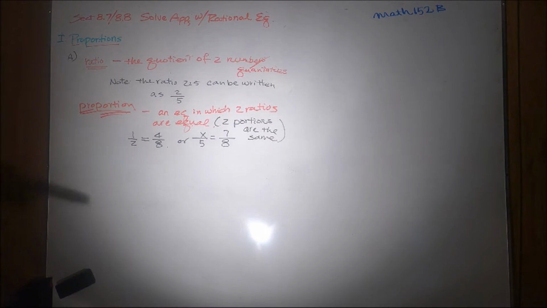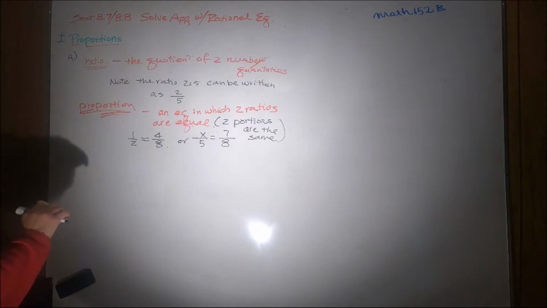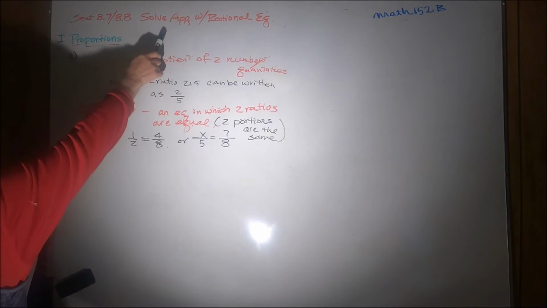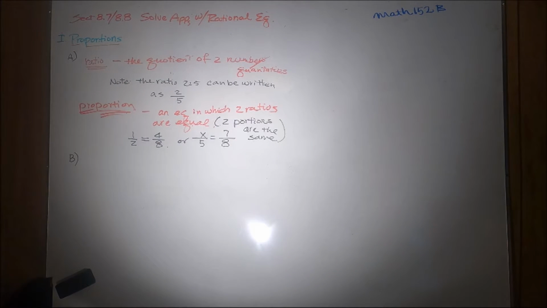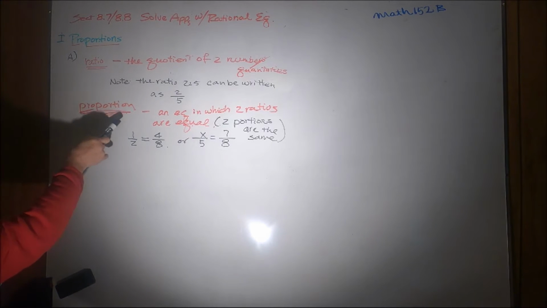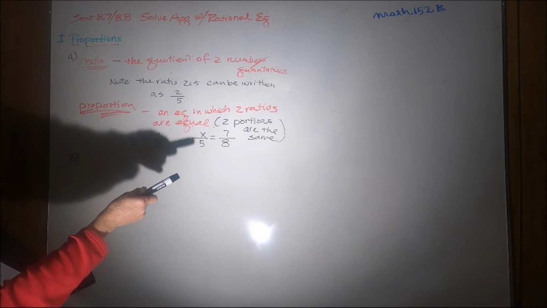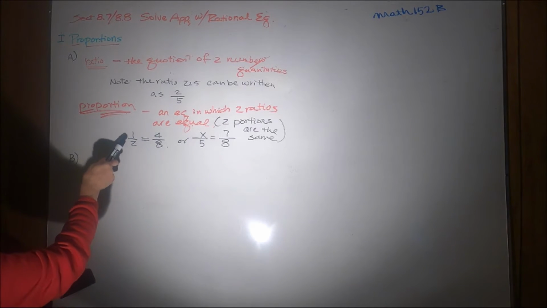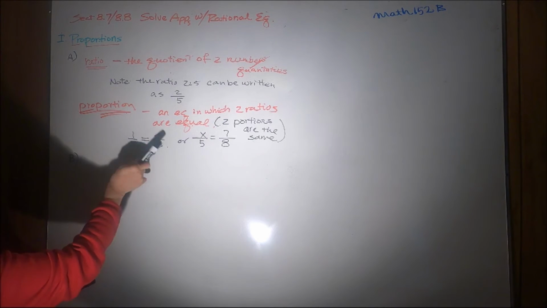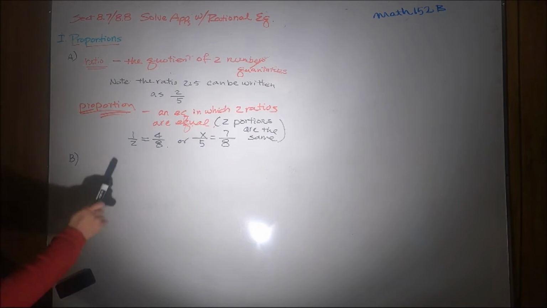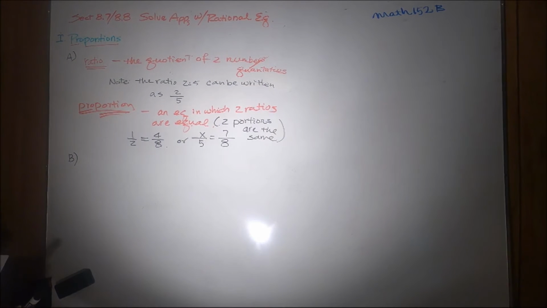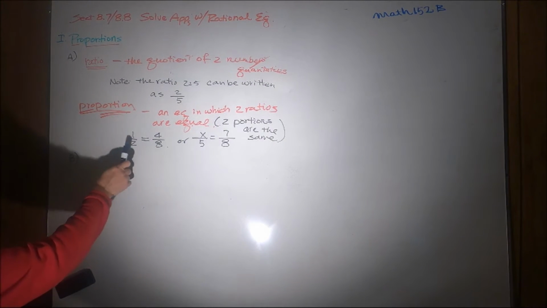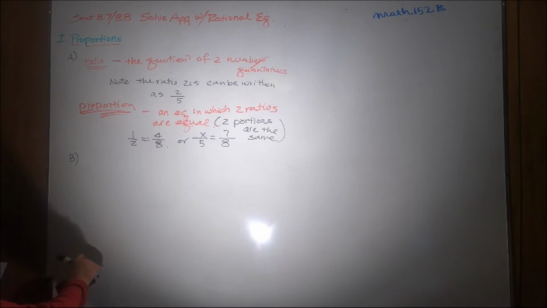Rational means a ratio thing, okay? So before we solve some rational equations for the apps, we are going to do proportions first, because rational equations can be more complicated, with more than a single fraction on either side, right? So we do the simple one first. How are we going to do the proportion?